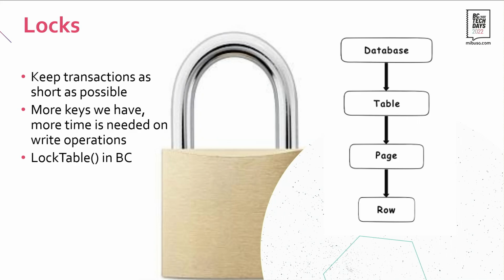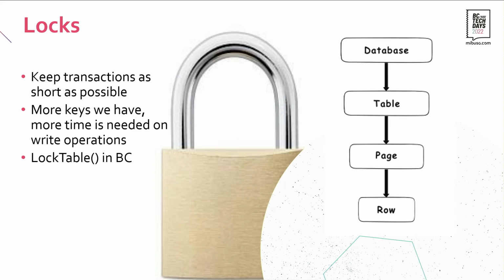A page lock will lock just a SQL Server page, which is just a part of the table, so more rows would be locked. And the table lock, of course, will lock the whole table.